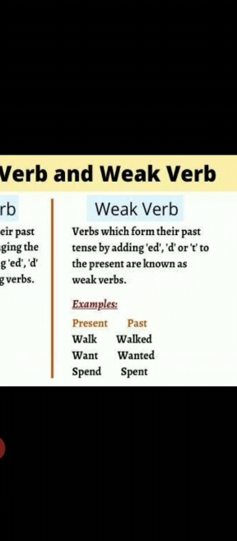One more example I can give: notify becomes notified. Y is changed into i, and then we add ed to make the past form. Fine. Visit becomes visited, wash becomes washed, work becomes worked. So these are the weak verbs where you are adding ed and d.